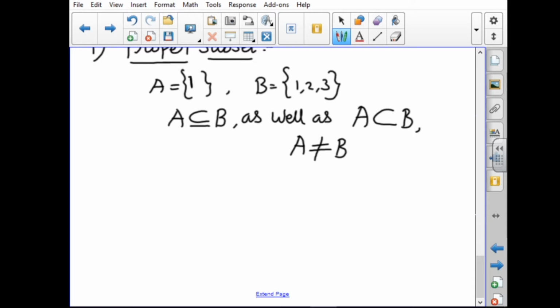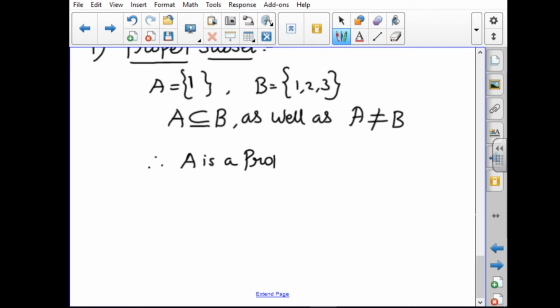The A set is a subset of B, as well as A should not be equal to B, then only, therefore A is a proper subset of B. It is denoted by a symbol.